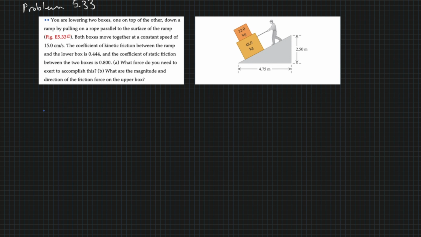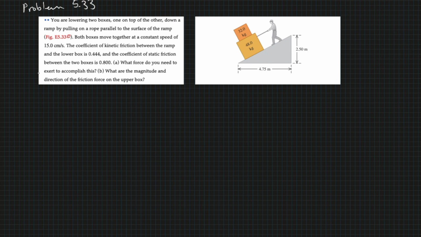I want to know, first, part A: what force do we need to exert in order to accomplish this? I won't worry about part B for a second, but the first thing to keep in mind is we don't necessarily want to worry about what's going on between the two boxes just yet.